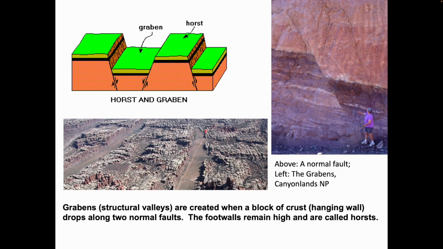So we have these faults bounding areas called grabens, which is a basin bounded on 2 sides by normal faults, and a horst, which is a risen or uplifted area between grabens, also surrounded by normal faults. These grabens, or structural valleys, are created when a block of crust, the hanging wall, drops along 2 normal faults. The footwalls of the faults remain high and are called horsts.